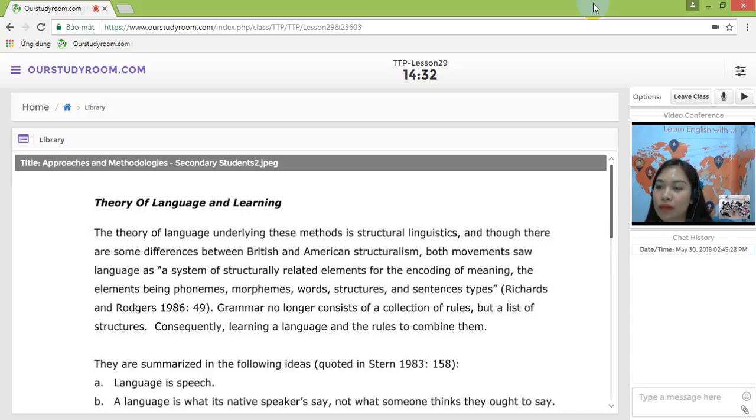Vocabulary is considered a very important aspect because if you want to use words to speak right, you have to know the main words and how to pronounce them.